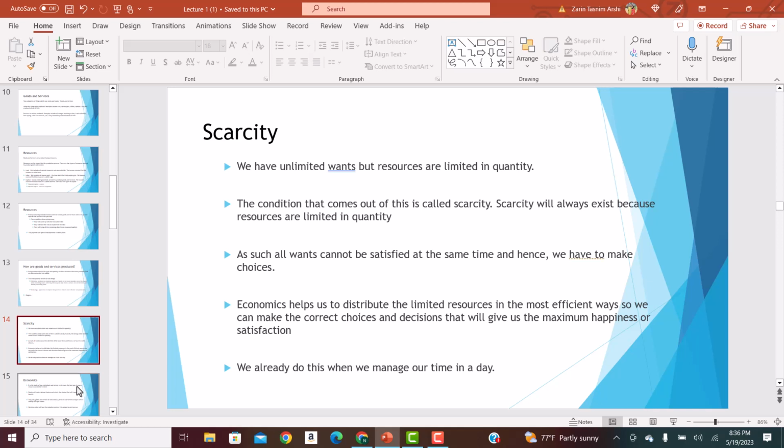So the study of economics will help us to allocate these limited resources in the most efficient way, so we can make the correct choice and decision that will give us the maximum happiness.